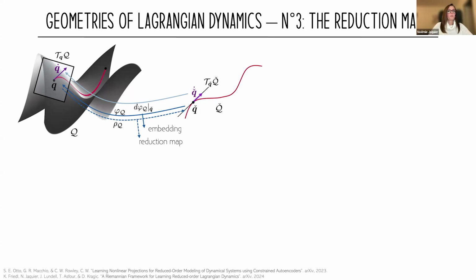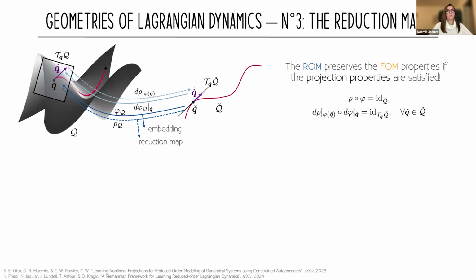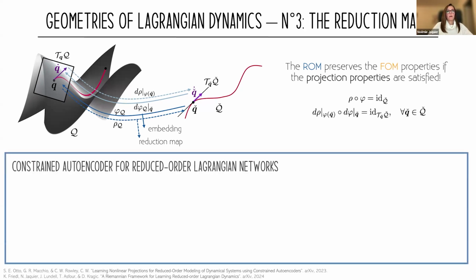And in order to have a reduced order model that preserves the properties of the full order model, we need this reduction map to satisfy the projection properties that are here. Those mean that the reduction map should be a left inverse of the embedding.